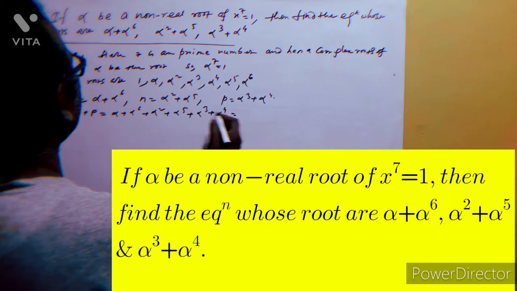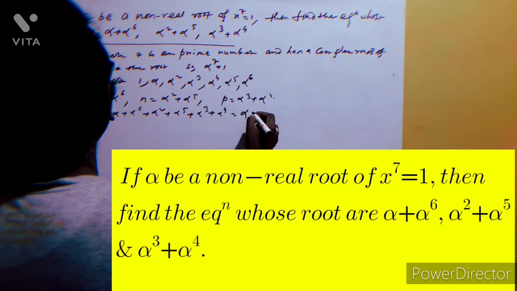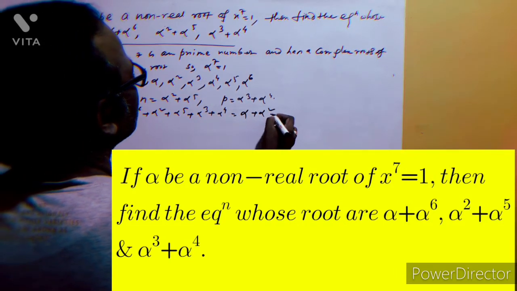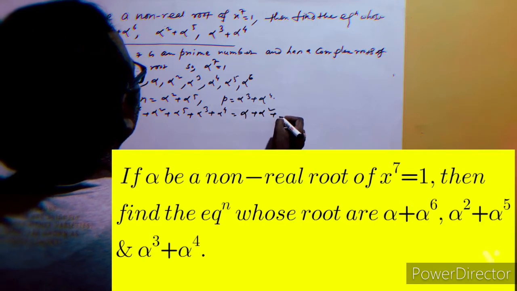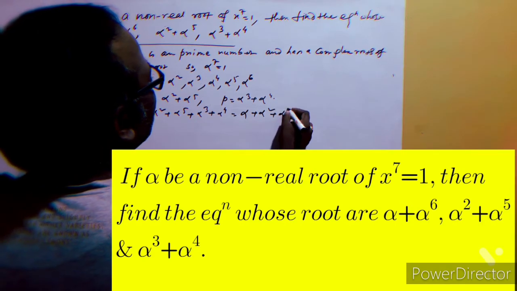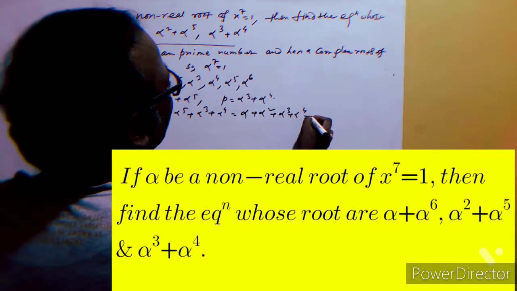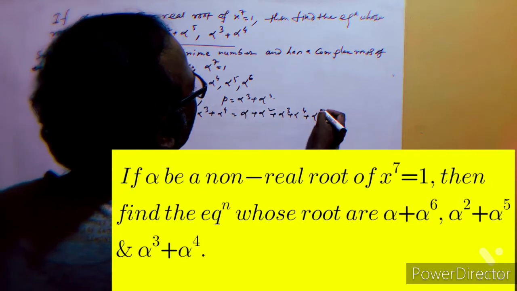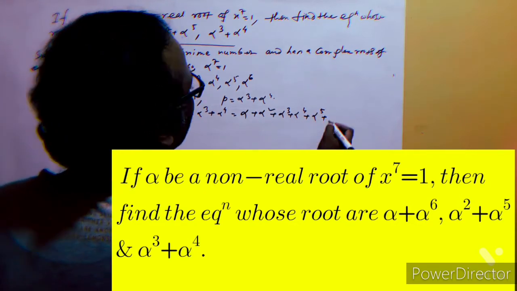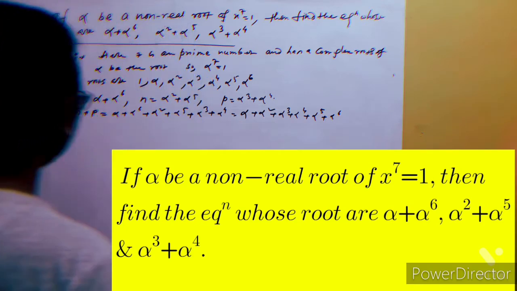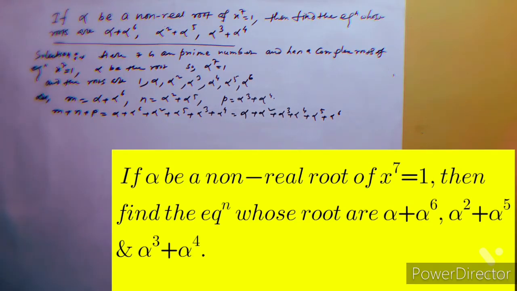Again rewriting: alpha, alpha square, alpha cube, alpha to the power 4, alpha to the power 5, and alpha to the power 6.